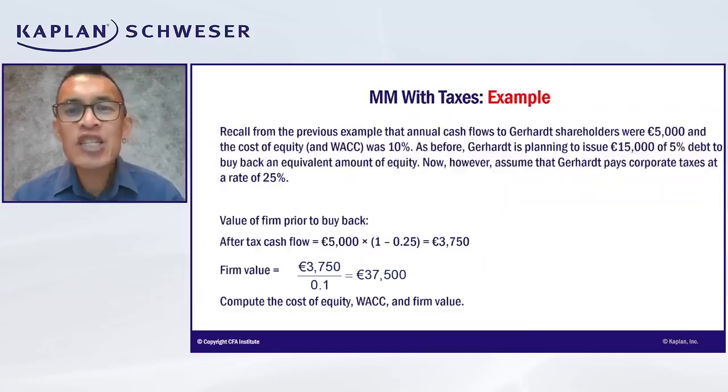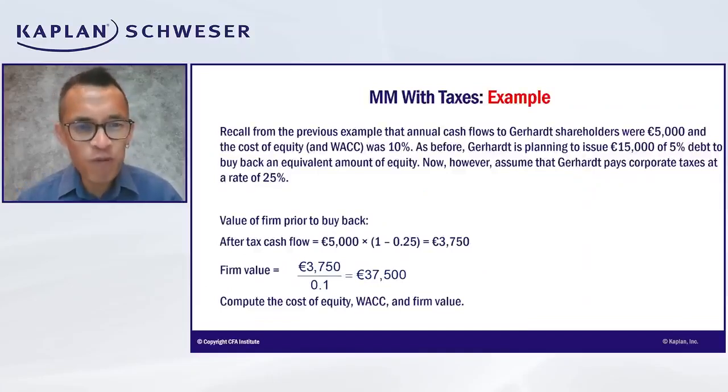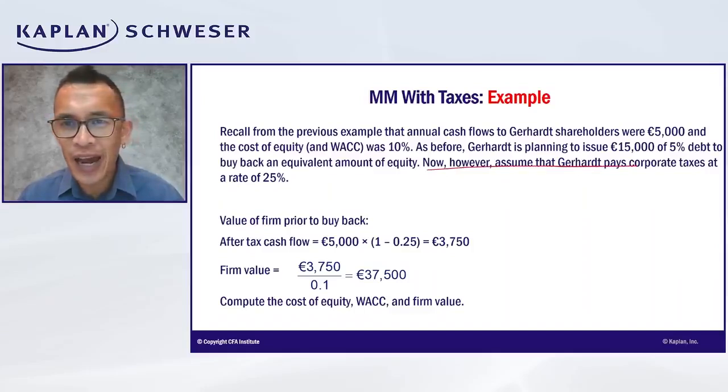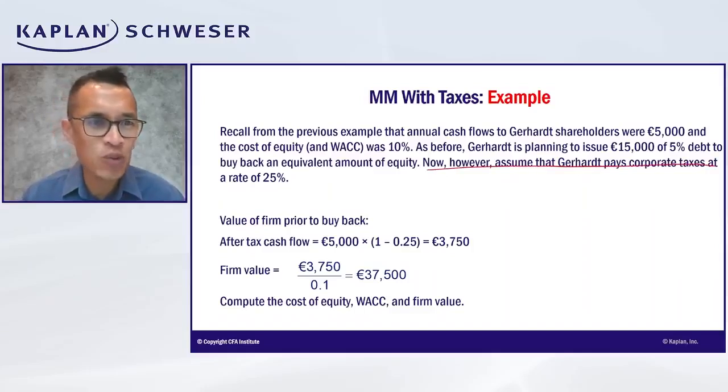This is a similar numerical example as before, except all we're going to do is add a tax rate of 25%.